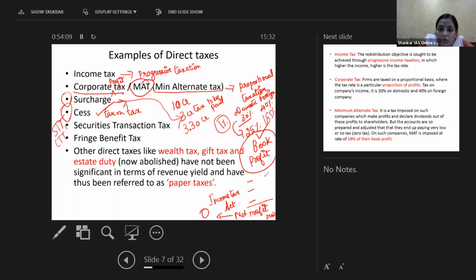And when you're talking about the gift tax, assume that I am giving you one diamond necklace, and it is of high value. They are going to say that the person who is receiving the gift should declare that they have received a high valued gift, and they have to pay a percentage upon the gift as gift taxation.